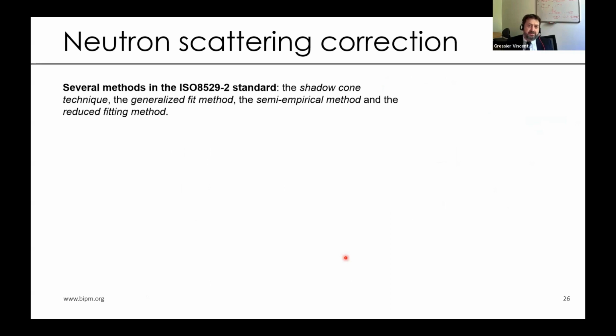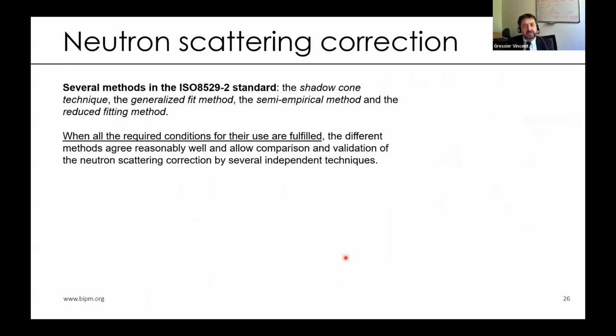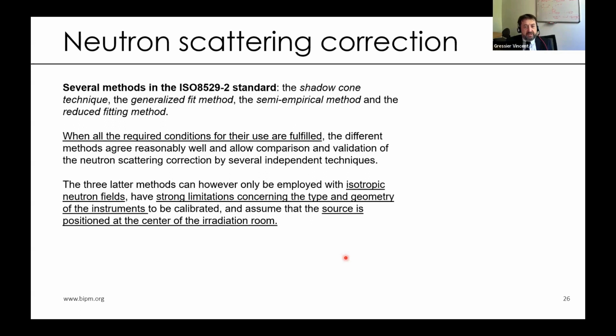So there are several methods to correct for neutron scattering. There is the shadow cone technique, the generalized fit method, the semi-empirical method, and the reduced fitting method. For the three latter methods, all these methods are comparable if all the required conditions for their use are fulfilled. And what are these required conditions?